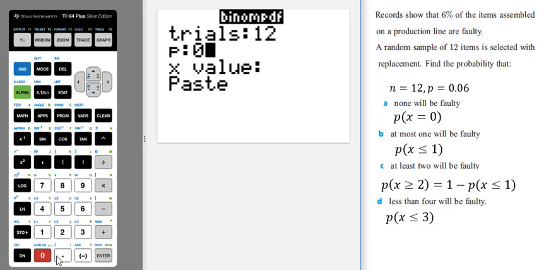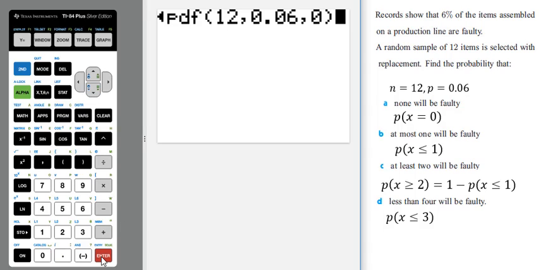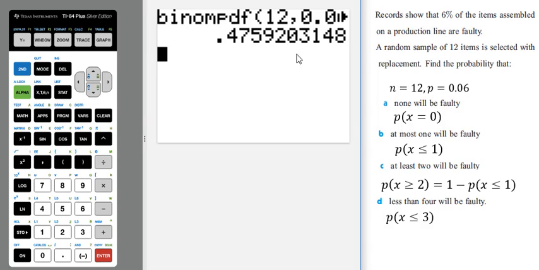Probability, that's 0.06. The x value, none will be faulty, that means x equals 0. Then enter, enter. This will be your answer, 0.476. That's for A.